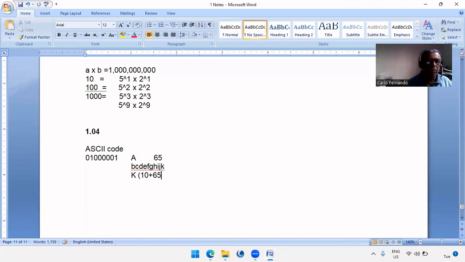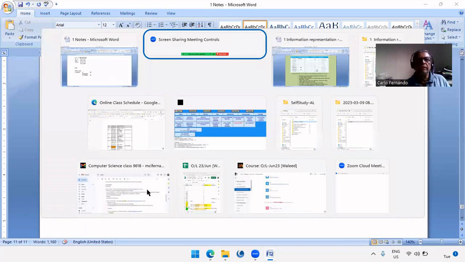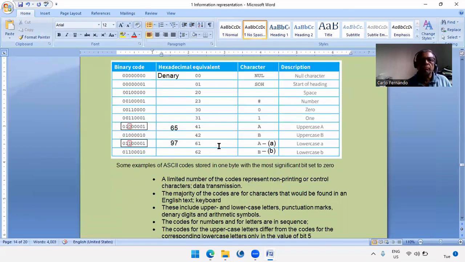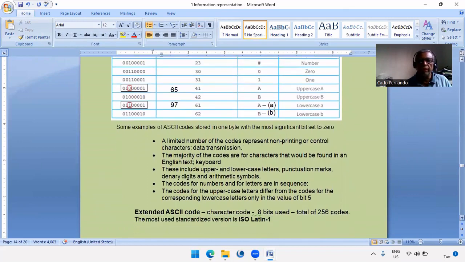That 65 is from the original value of A. Likewise, you can make any number, any word or something, and the binary code for 75, that's it. So at least 65 you remember. Generally they give it for the exam, but better if you can remember that.